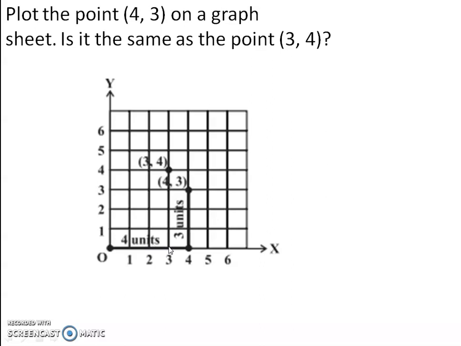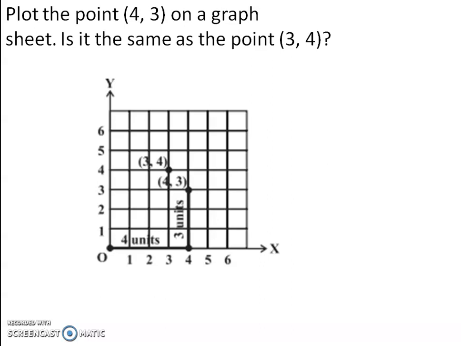We'll reach only here, and the second number there is 4, so we'll move 1, 2, 3, 4. You can see the coordinate points 3, 4 and 4, 3 are entirely different. So the order of the points inside the bracket is very, very important.